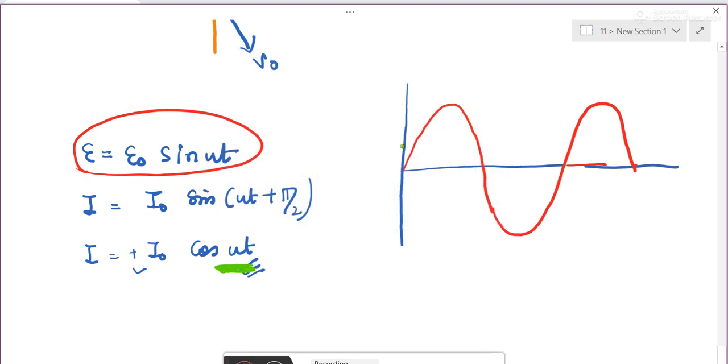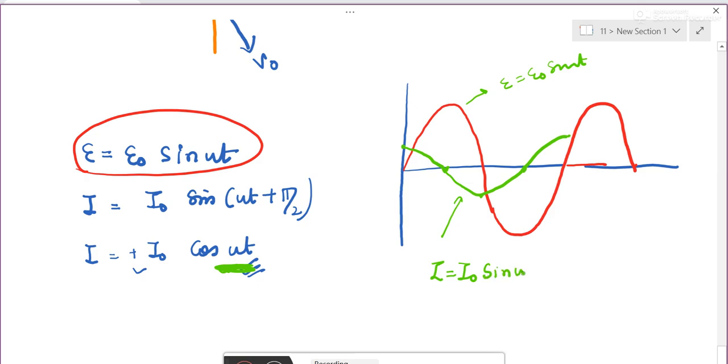So it will start from positive 1. Then it alternates: 0, then negative 1, then 0, then positive 1. So this is your current's graph. So you can write that this one is your E is equal to E naught sine omega t, and this is your I is equal to I naught sine omega t.